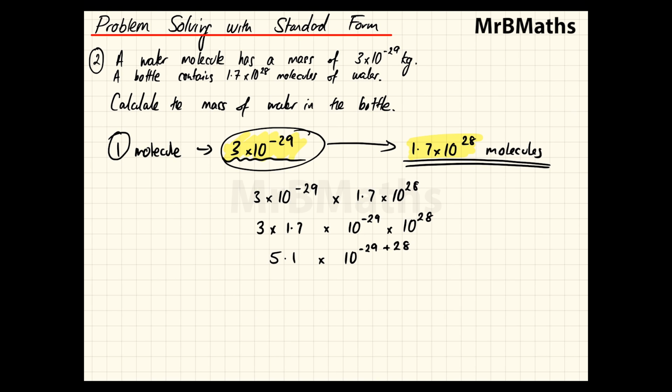So then we go 5.1 times 10 to the minus 1, and that gives us an answer of 0.51 kilograms. So this mass here is the mass of the water in the entire bottle. Again, if you're not sure how I got from this step to this step, make sure you check the first 1 or 2 videos where I show you the table of how that is done.